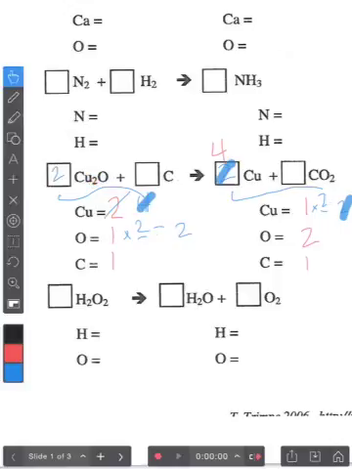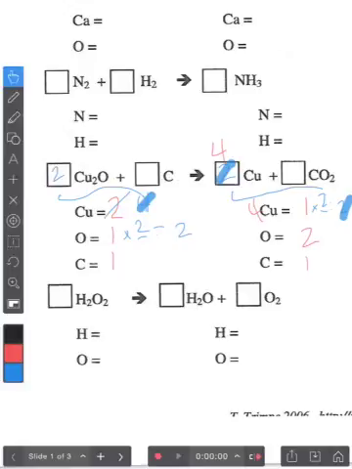Perfect. 2 times the 1 for my oxygen to equal 2. That's perfect. And then again, my carbon just stays at 1. Over here, I have 4 times my 1 for copper, which equals 4, which is perfect because I needed the coppers to equal each other, and now they do. They equal at 4.